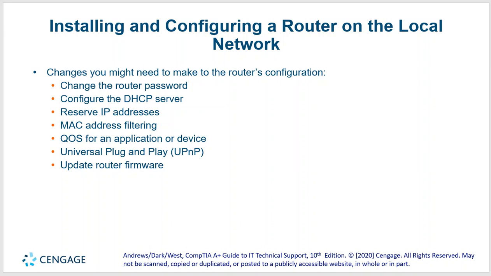Your mobile phones have a MAC address, so if there's someone you don't like and you know their MAC address, you can filter out their MAC address. So they try to connect to your network and they can't, they're denied. Bit of fun. Quality of service, which we talked about before. Also plug and play and update your router firmware.